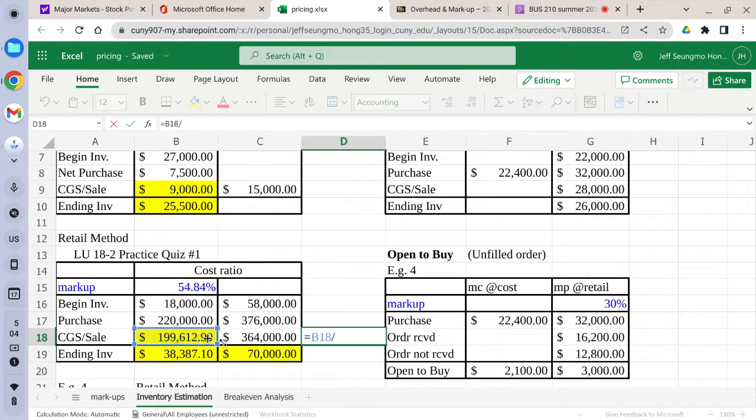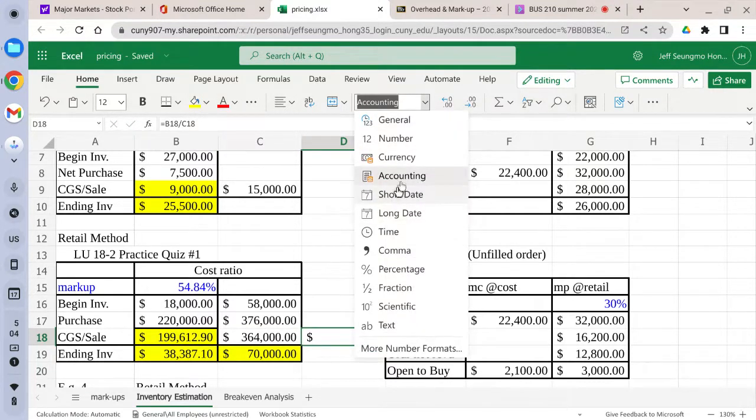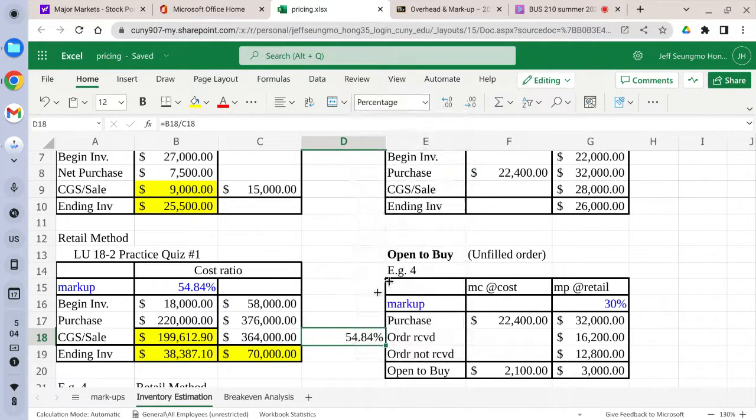You divided this by this. That's not dollars, we know that should be a percentage, and it looks like it's going to be exactly the same percentage, through and through.